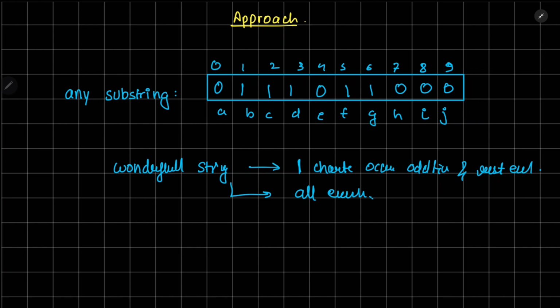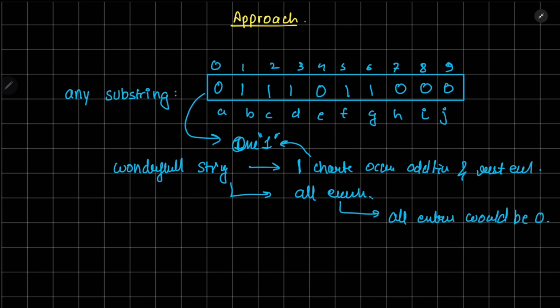So this representation will have only one 1 and all the rest 0, and in the other case, all the entries would be 0. So that will be a valid substring.